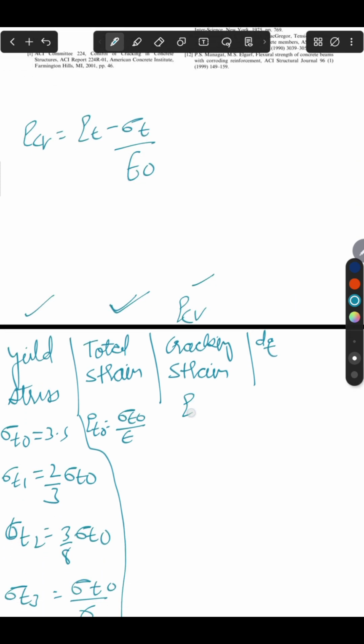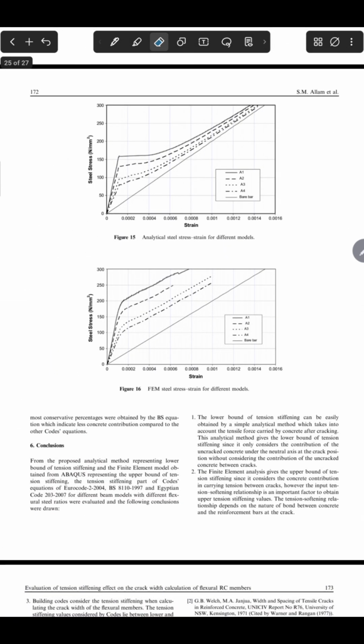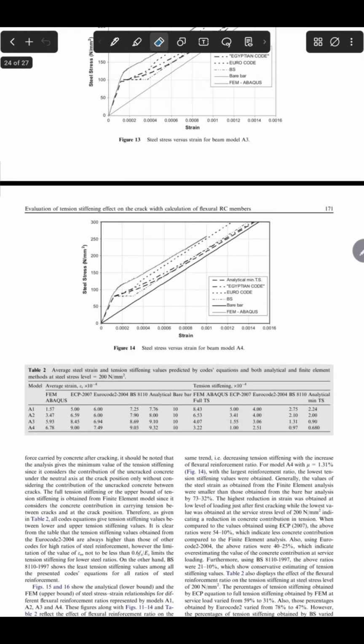Now for example, this value will become sigma T1. For sigma T1 we need to find EC1 or ET1 we can say.